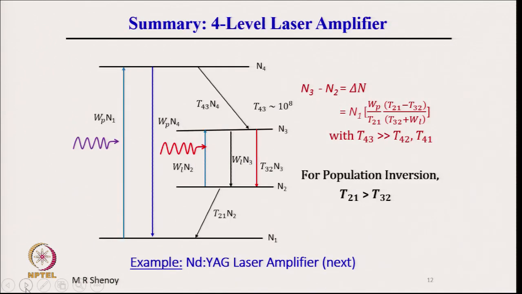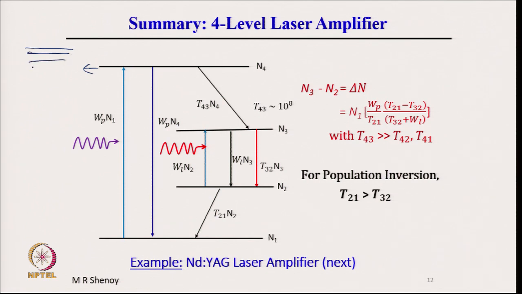Now we come to the summary of this 4 level laser amplifier. We have a 4 level system which comprises 3 excited states and the ground state. This is the schematic that we show, but as I explained in the case of a 3 level system, the excited state itself may comprise several states or maybe bands.